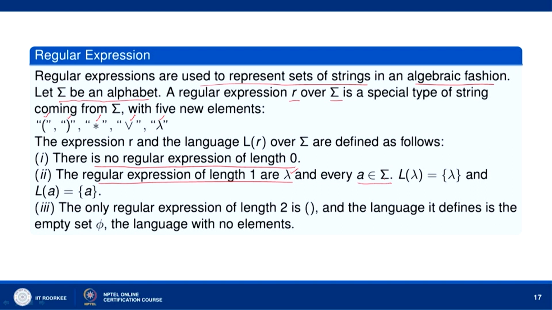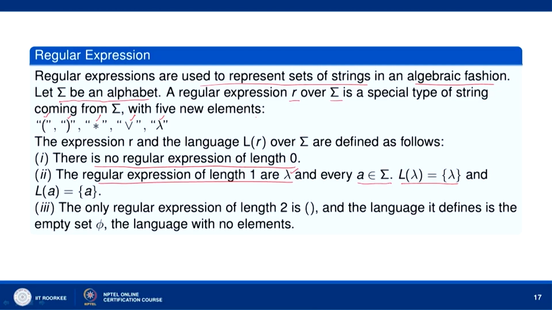So, whatever a belonging to sigma you take, they are all regular expressions of length 1 apart from lambda, and L of lambda, the language over lambda, is the set containing lambda, while the language over a is equal to the set containing a. So, that is how we get the language L(R) when R is equal to a.